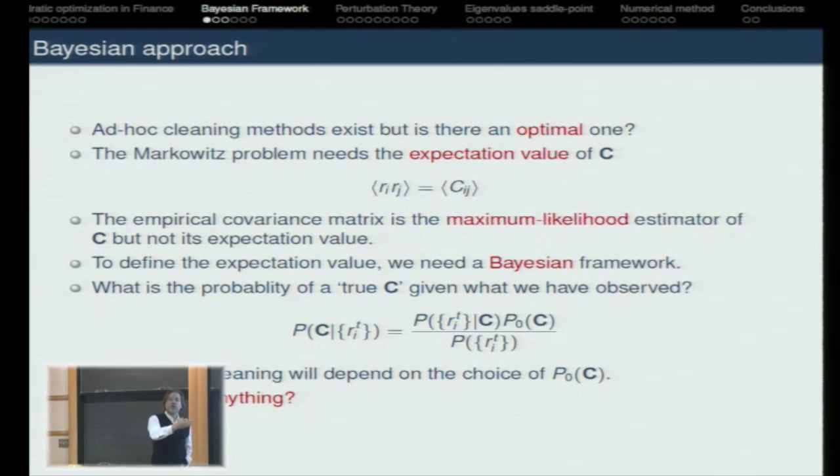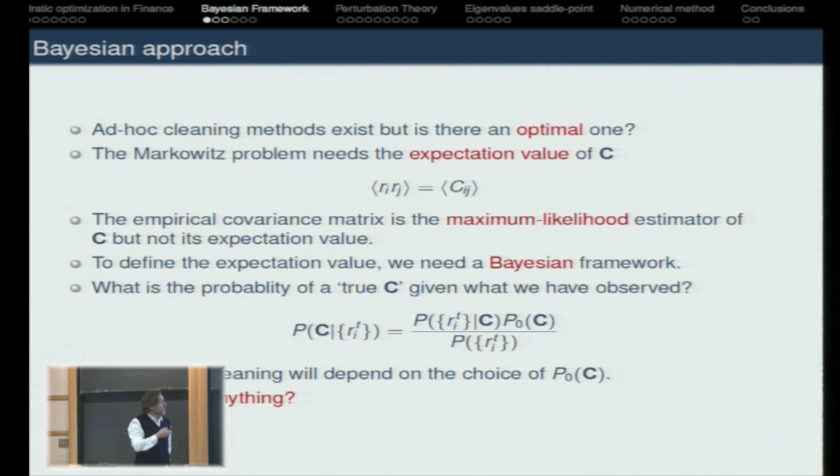So just put all the bulk eigenvalues to a constant and keep the large ones. So that was one cleaning method that we proposed. Another one, which I'll talk about more later, is called shrinkage, where you take a linear combination of the sample covariance matrix and the identity, and that turns out to work pretty well, and we'll see why in a few slides. But can you make a theory of that, and of what you should do to your sample covariance matrix to improve on this problem?